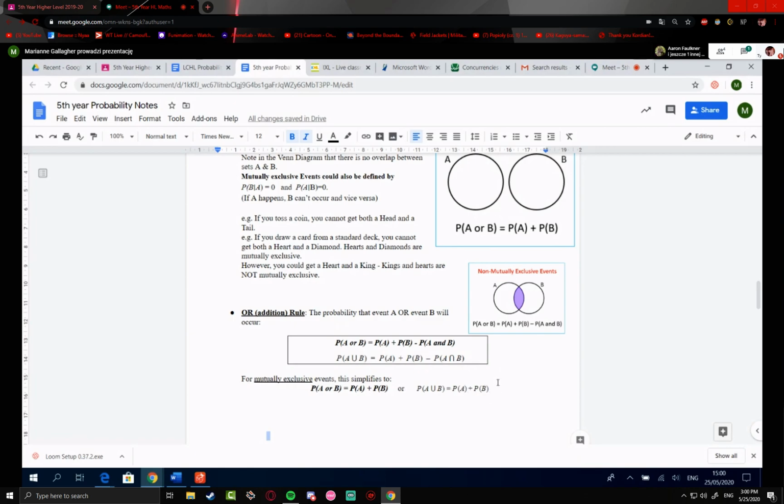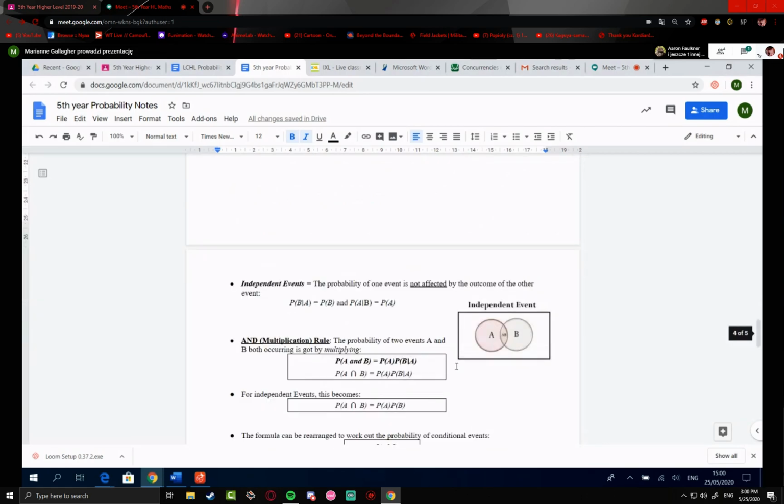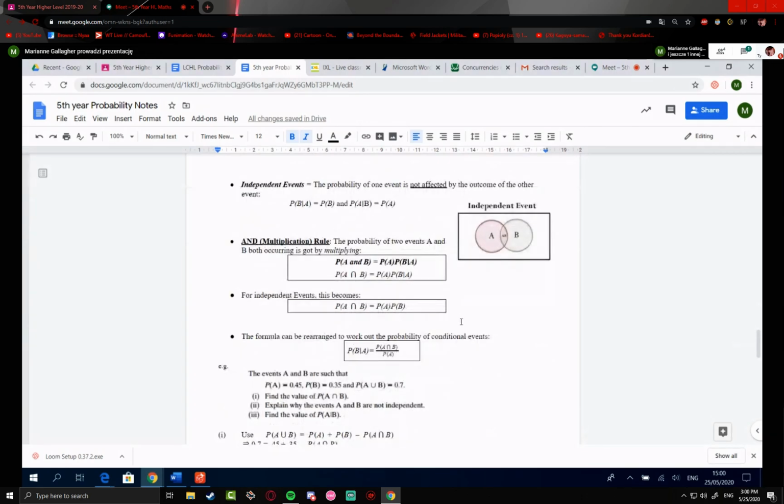Now we have the multiplication rule. If A and B are happening, then we multiply them.